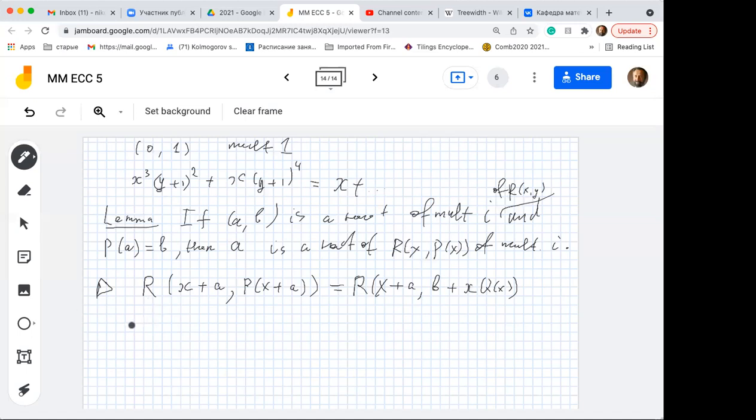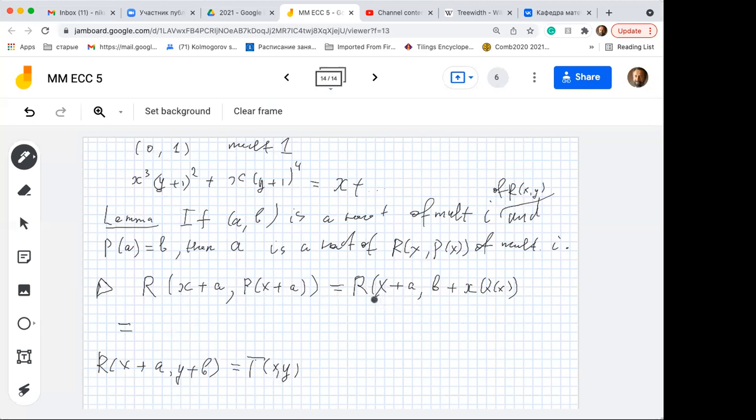Now, this can be rewritten using formulas. We know by definition that (A, B) is a root of large multiplicity. We know that R of x plus A and y plus B is some polynomial t of x, y with no terms of small degree.